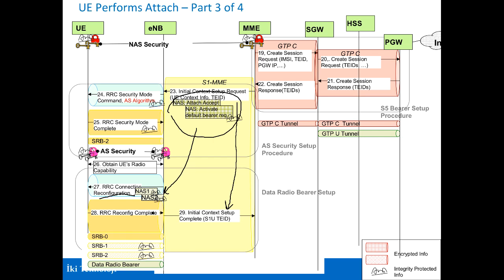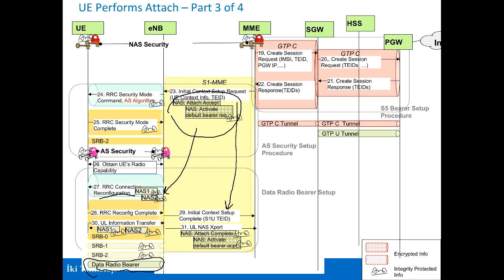With this RRC reconfiguration complete, now we have the three signaling bearers which had been set up previously, and we also have this data radio bearer which has been set up between the E-Node B and the UE for carrying the data information that may come all the way from the internet to the UE.